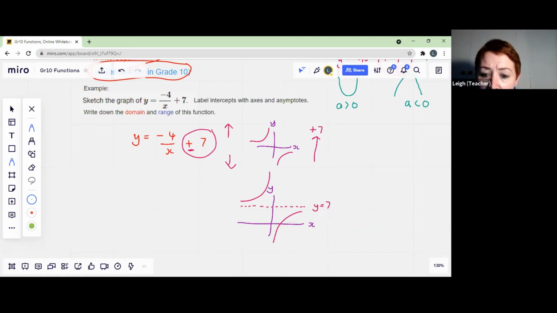So now we have this important point over here. Does anybody know what I refer to this point as? It's got a name. You can unmute or type. Do you know what this pink point is called?